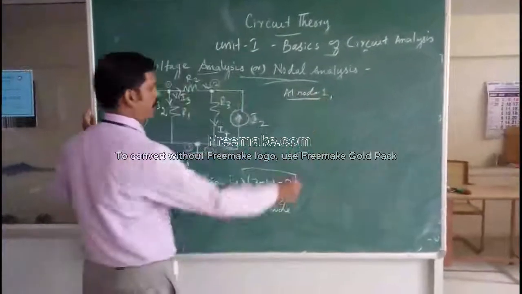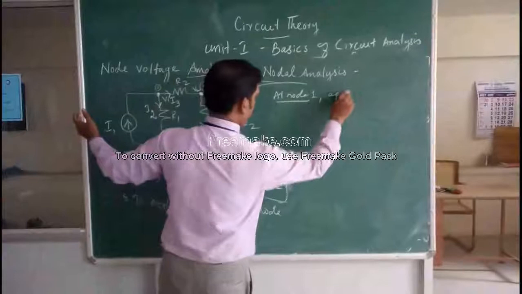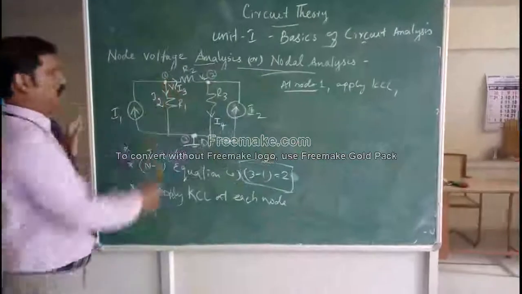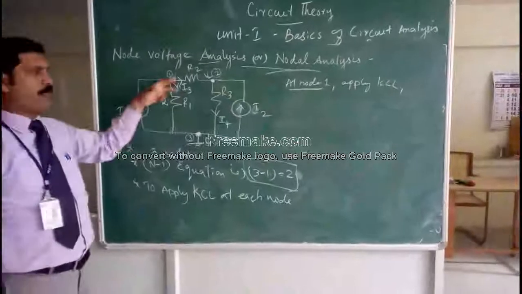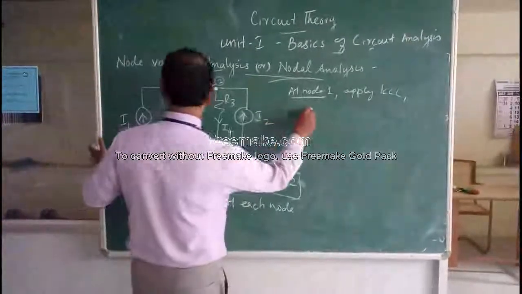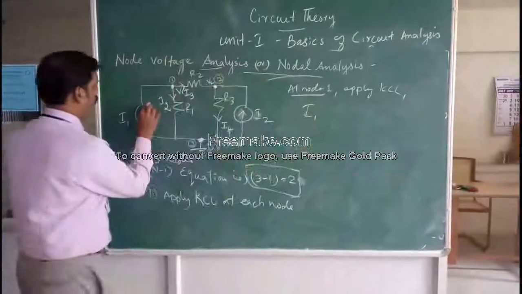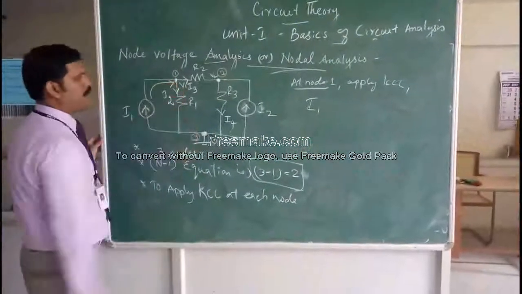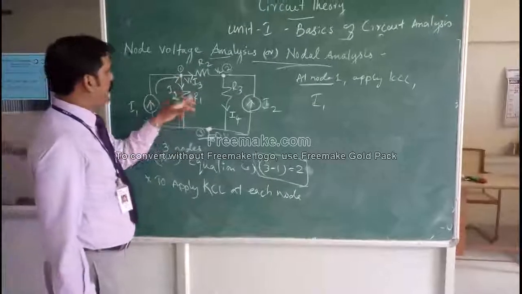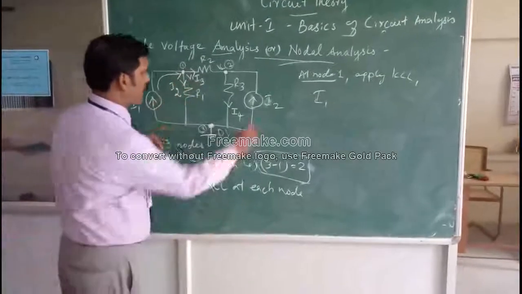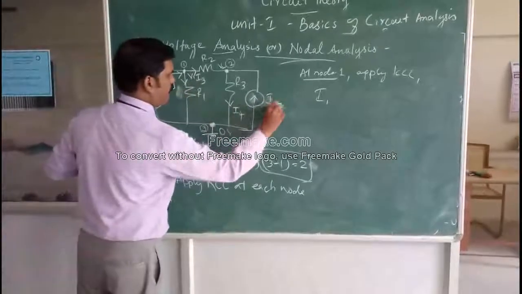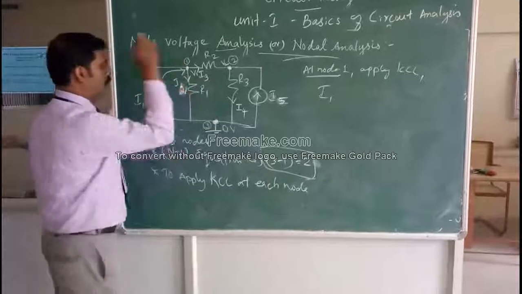At node 1, apply Kirchhoff's current law. Kirchhoff's current law states that the sum of incoming current is equal to the sum of outgoing current. You can see I1 is the current flowing towards the node. I will mark the other one here as I5 on the right side.